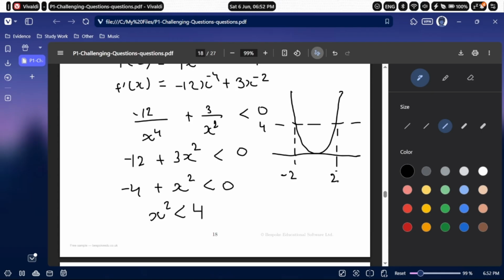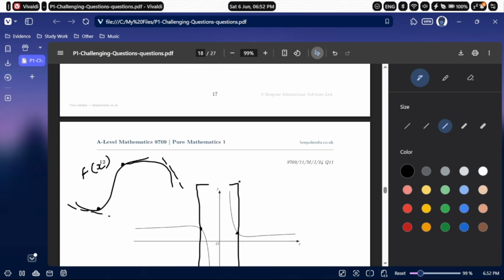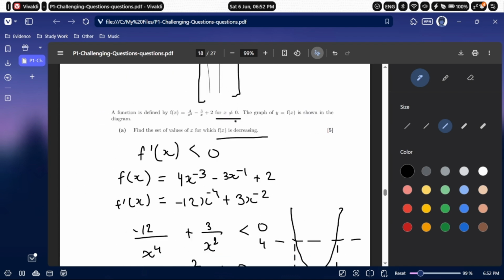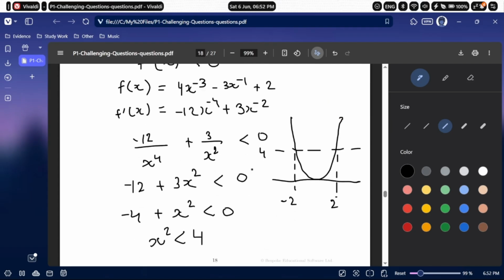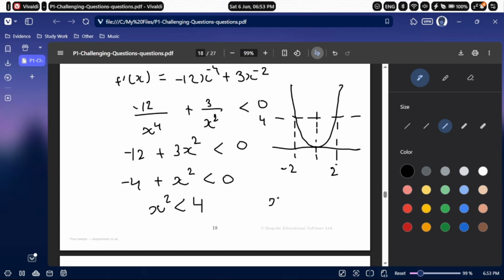So basically x can be from -2 to 2. That's your acceptable region. But like I mentioned, over here x is not equal to 0, which would be right over here. So you would have to split this into two different inequalities. You end up getting x is greater than 0 and less than 2, or the other one is greater than -2 and less than 0.